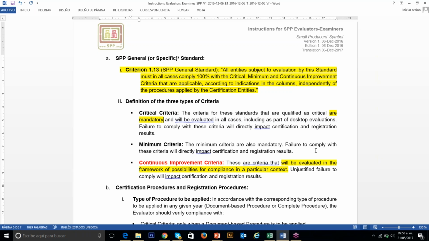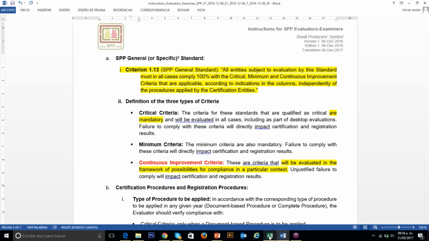It depends on whether the evaluator knows the region, the country, in order to conduct a good evaluation.